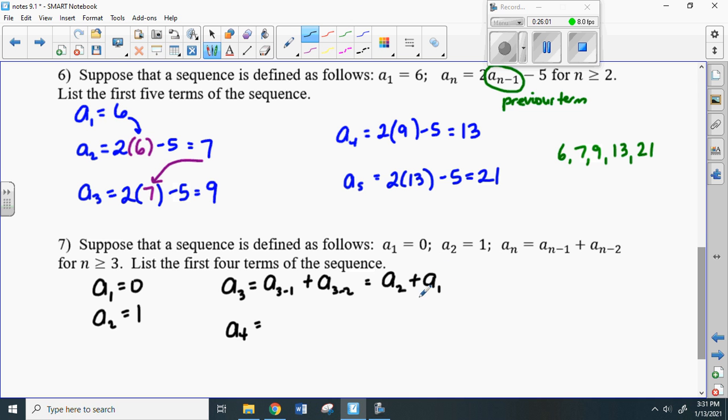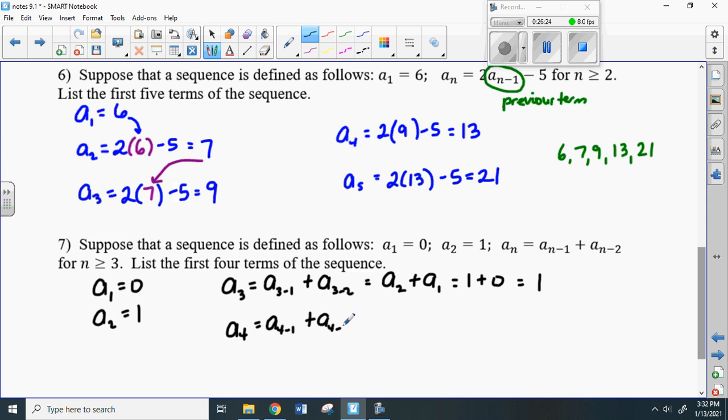All right, so look what I'm showing you. Term A3 is equal to A2 plus A1. That means I'm adding the two previous terms. Okay? And that answer still happens to be 1. So what do I get if I plug in the 4?